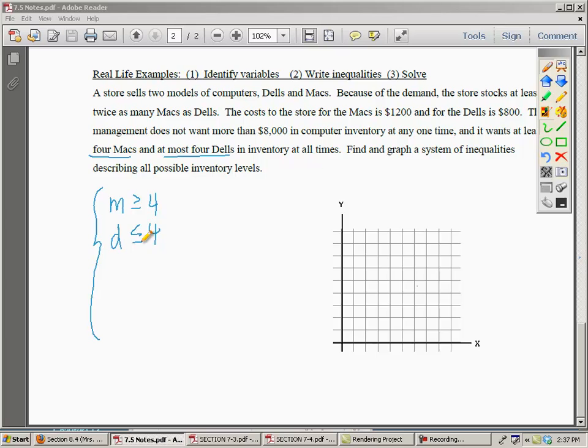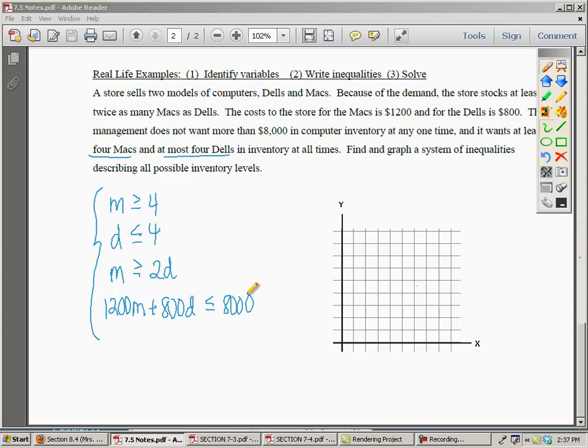So the Macs are twice as many as the Dells, and I want at least, so greater than or equal to. The only thing we haven't included is the money. So let's talk about that. $1,200 for the Macs plus $800 for the Dells. They do not want more than, so at most $8,000 in computer inventory at one time.